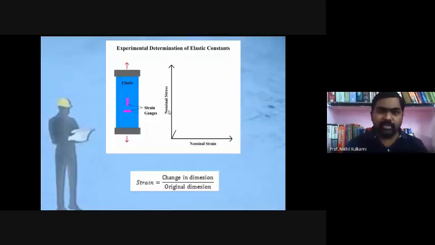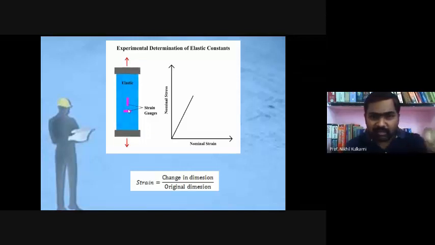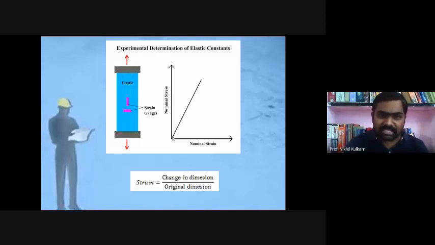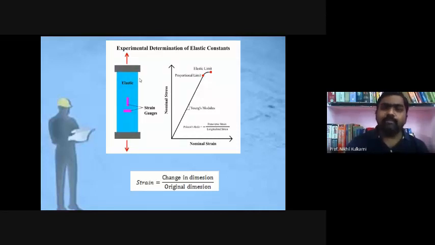Remember this. So here you can check it. Here the forces were applied in a tensile manner. वो खींच रहा है उसको, तो खींचने के बाद यहाँ पर स्ट्रेच आ रहा है. जैसे स्ट्रेच आ रहा है, स्ट्रेन और स्ट्रेस दोनों बढ़ रहे हैं. एक सर्टेन पॉइंट के बाद वो खींचता ही जाएगा, वापस नहीं आएगा.